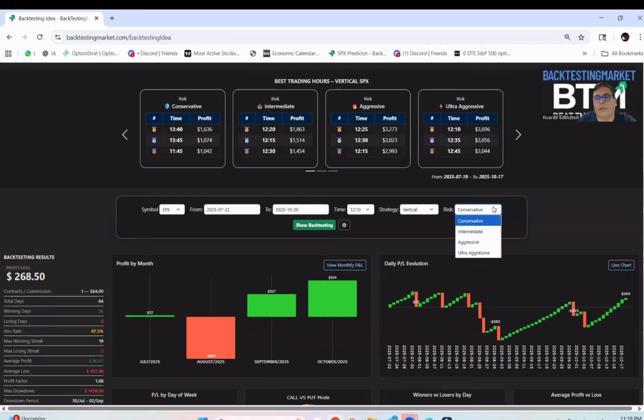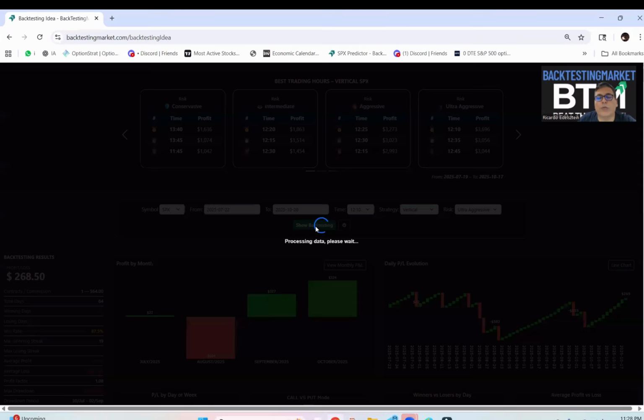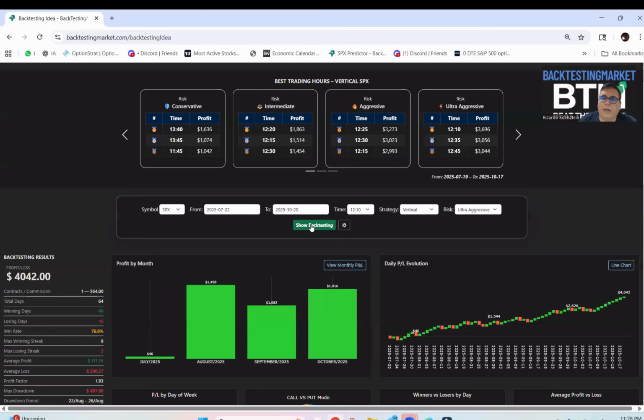Now, if you compare with ultra aggressive, the drawdowns are smaller because your credit is higher. So if for some reason you have a drawdown, you're going to have a better result with the passing of time. As you can see, the trend goes up.